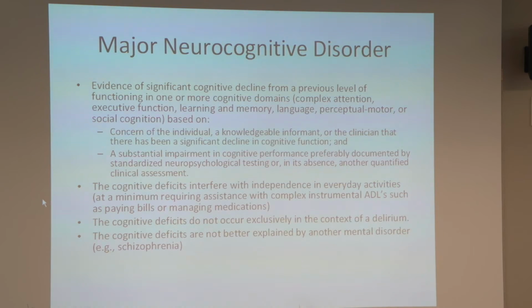They're acknowledging that an informant is a useful person, or that the clinician can make the call. They talk about instrumental and basic activities of daily living. So this is much more neuropsychiatric and I think accurate and clinically relevant.